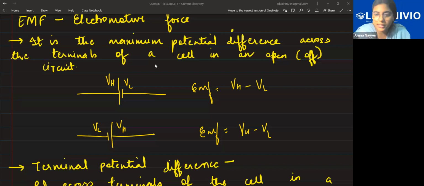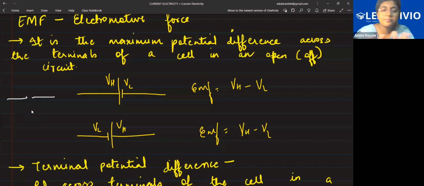Open circuit means when the switch is not connected and the entire circuit is not plugged, wherever there is a gap from where the current can escape and there can be a breakage. There you can find EMF, whereas terminal potential difference is present in the ends of wire where there is a closed circuit. Proper closed circuit is necessary. This is one thing from which you can differentiate.